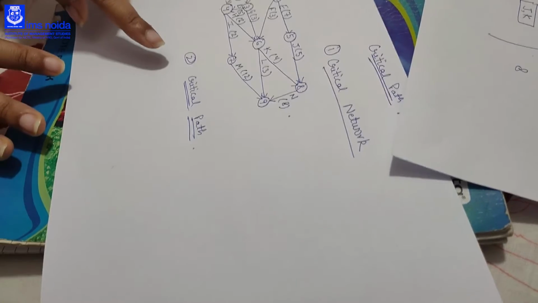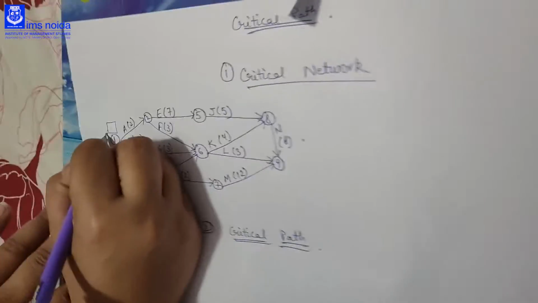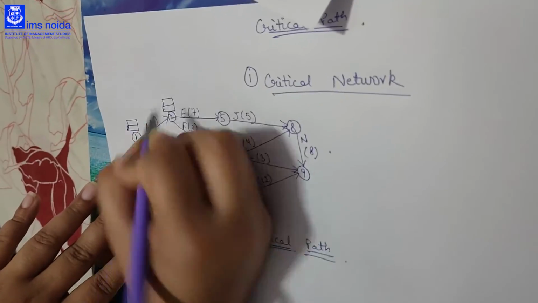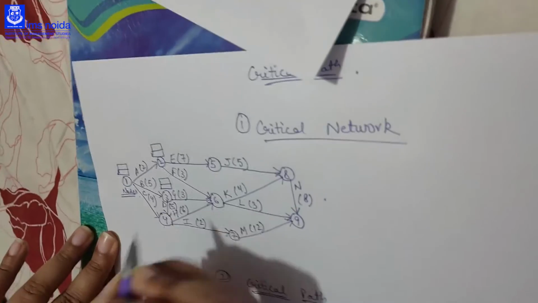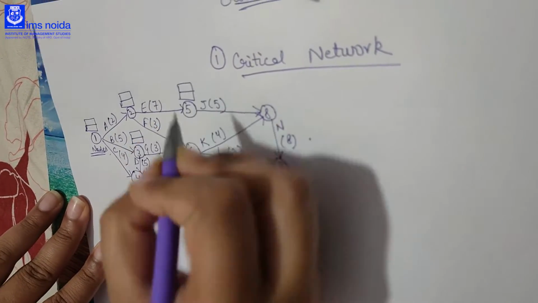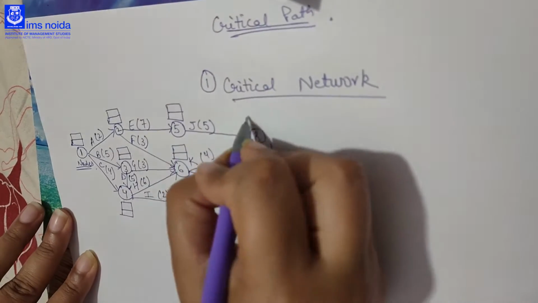So to find out the critical path, we will make a box above every node, dividing it into 2 parts. I will tell you what the box contains. First, let me make the box divided into 2 parts.